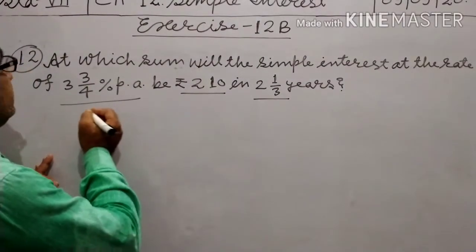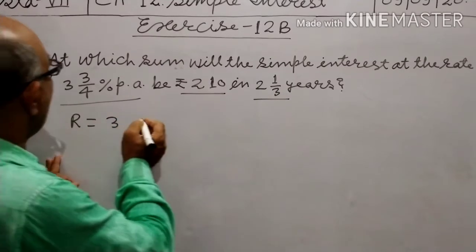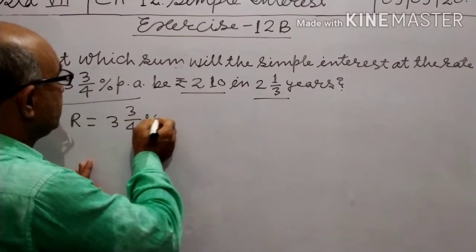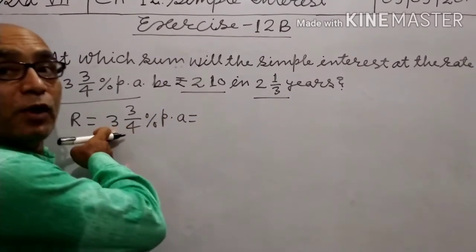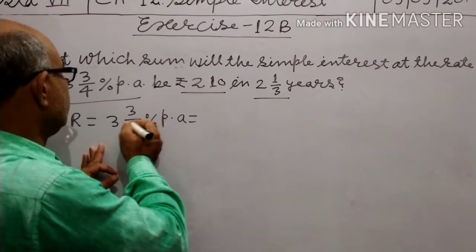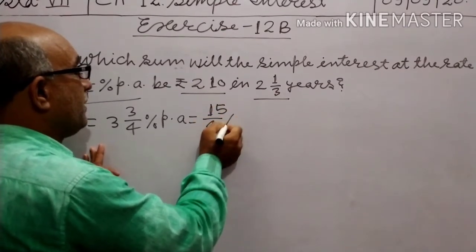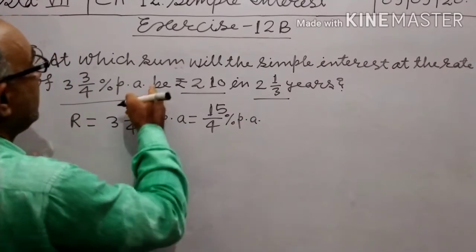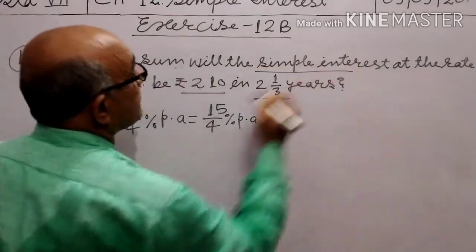Students, have given R equal to 3 whole 3 by 4% per annum. That means 3 4s are 12, 12 plus 3, 15 by 4% per annum. Rupees 210 is simple interest.